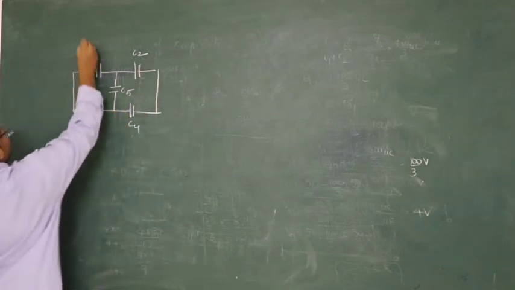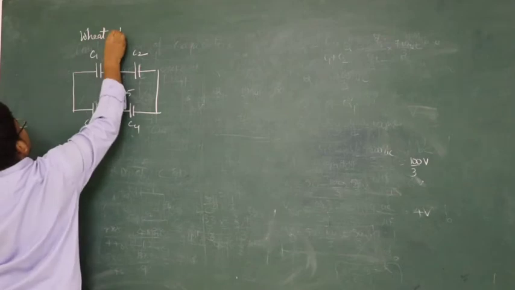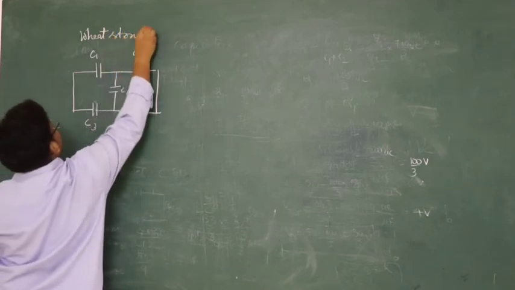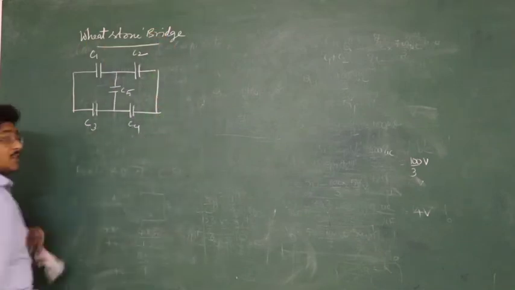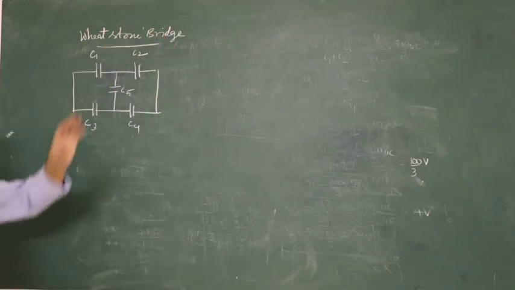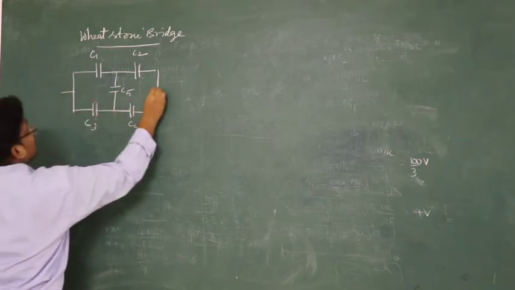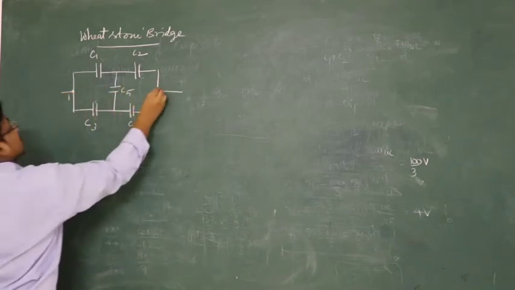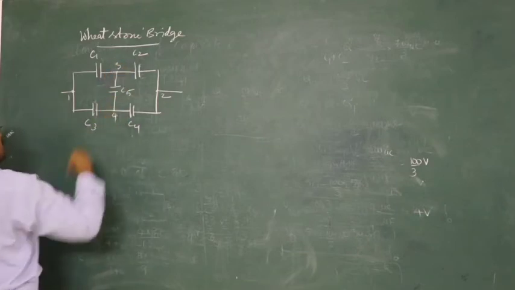What is this concept called? Wheatstone bridge. This combination is called a Wheatstone bridge, where 4 junctions will be there. This is junction 1, this is 2, this is 3, this is 4.